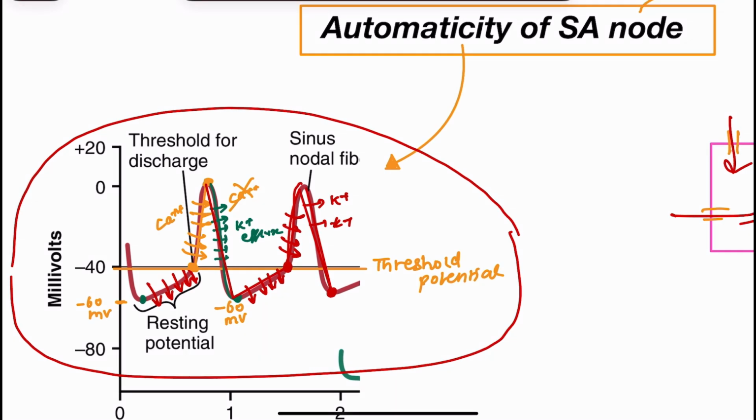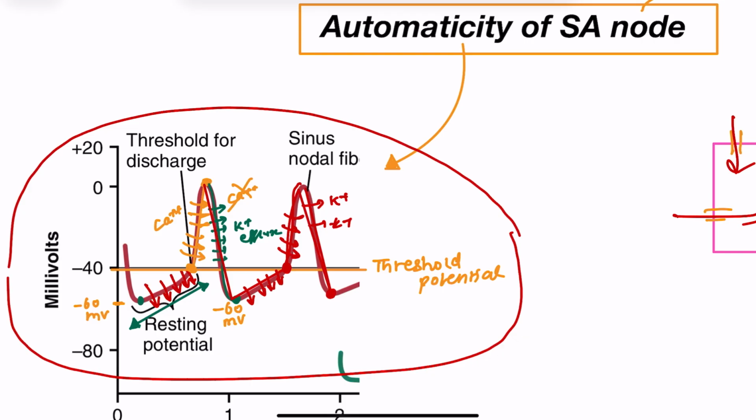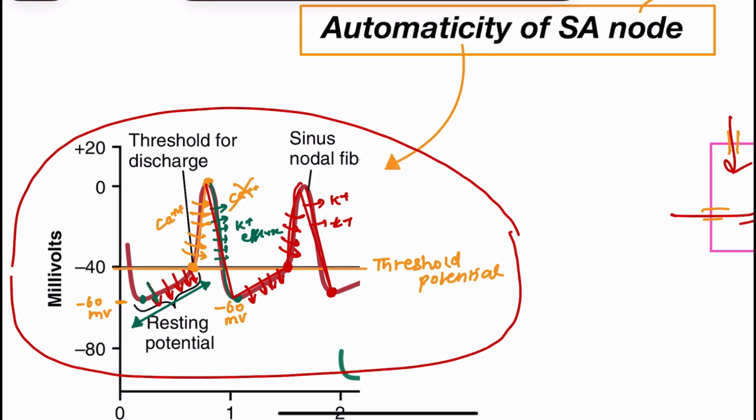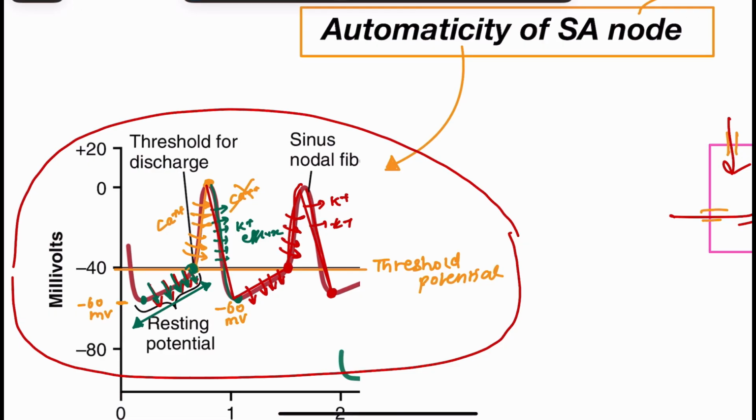So this all leads to its automaticity. The main feature which is contributing to its automaticity is this part, that is the opening of HCN channel. Because of these HCN channels, slowly the membrane potential is reaching towards the threshold potential for the depolarization of SA node.